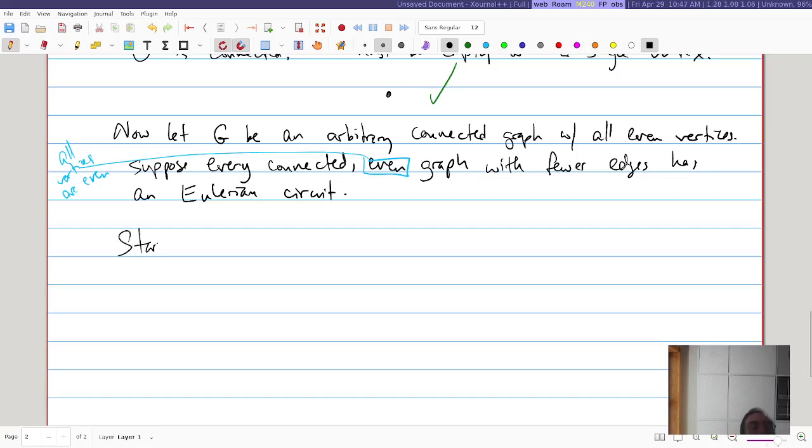So let me write this down. Start at any vertex and keep following edges, but don't reuse edges.